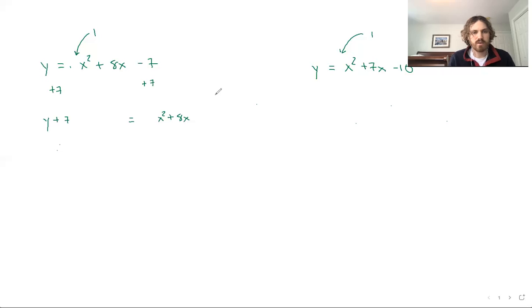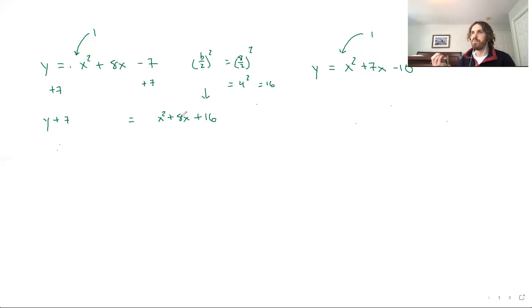Now I know to make a perfect square trinomial that I need to add b over 2 squared. And b in this case is 8, so that's 8 over 2 squared. 8 over 2 is 4, so that would be 4 squared, which is 16. So 16 is what I need to add here to make a perfect square trinomial, right?